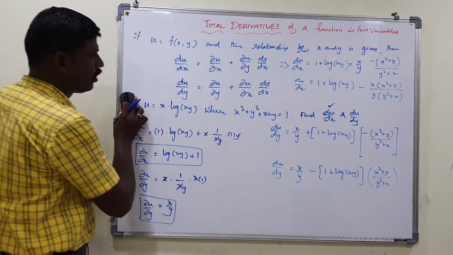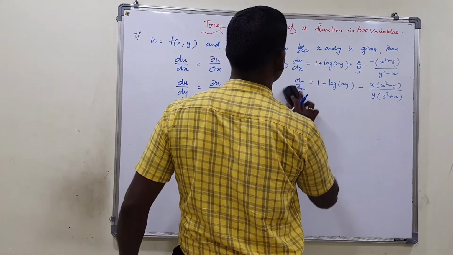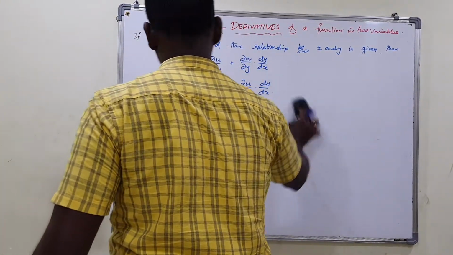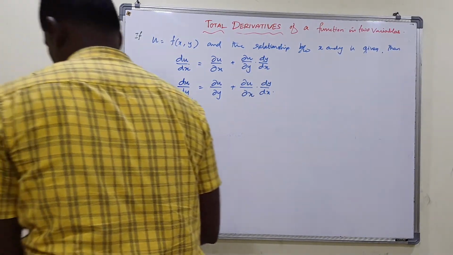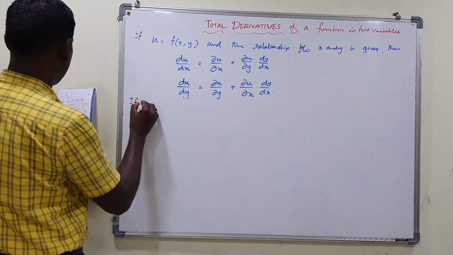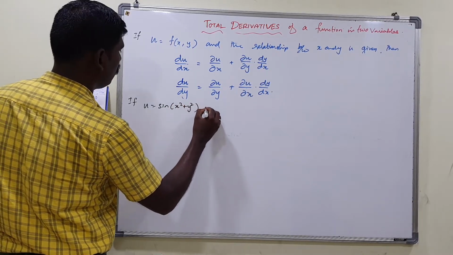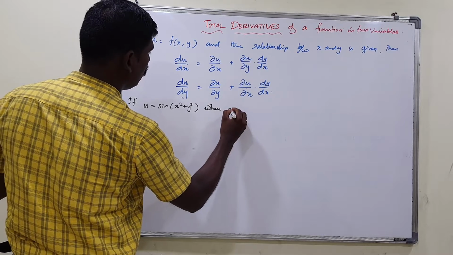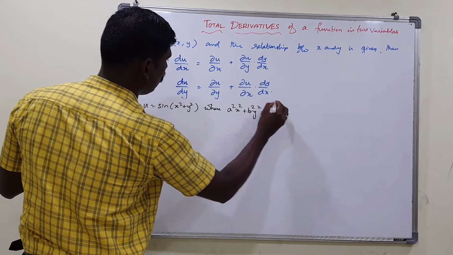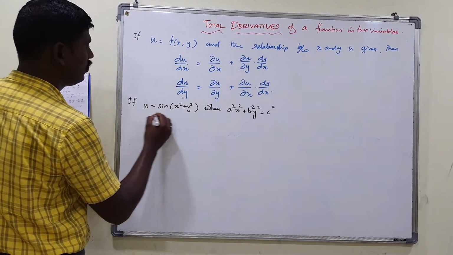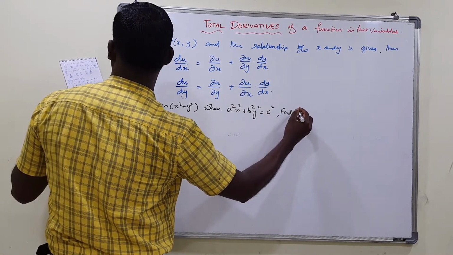Now let us take another problem. If u is equal to sine of x square plus y square, where a square x square plus b square y square is equal to c square, find du by dx.